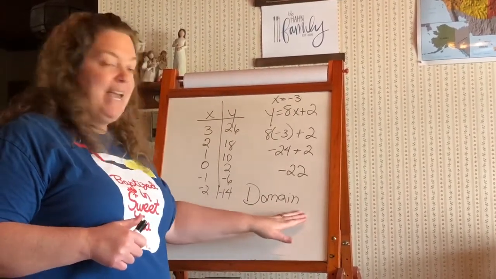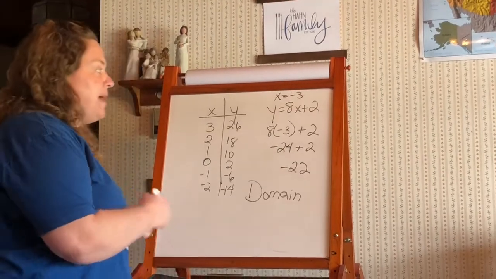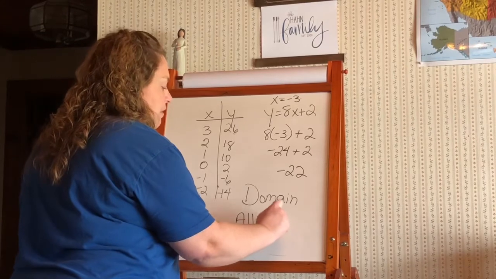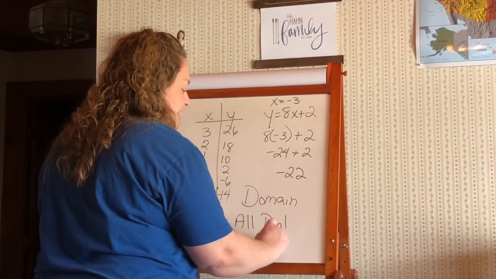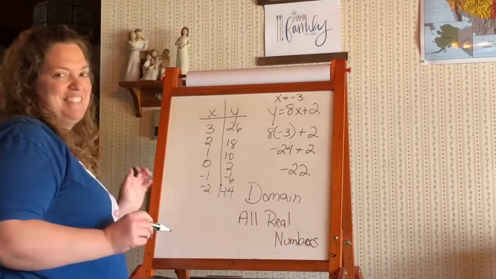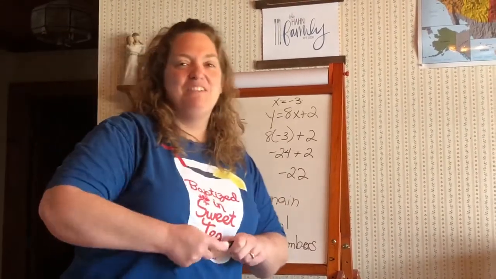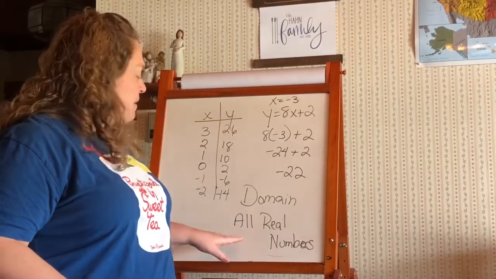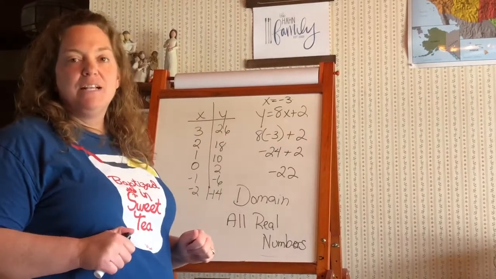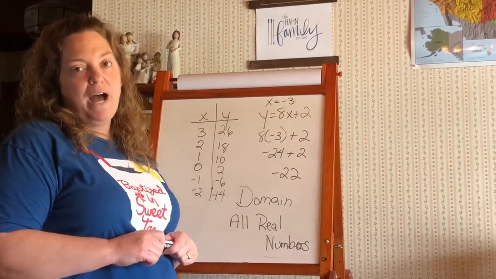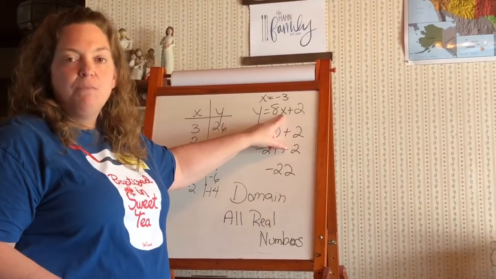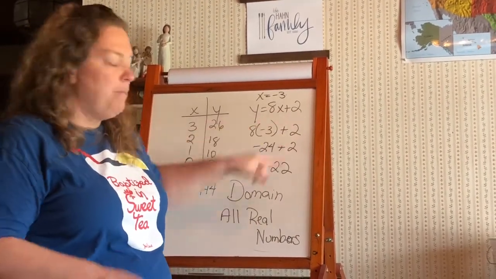So the domain for our independent variable is negative infinity to infinity, or all real numbers. Or Simeon said, negative infinity to positive infinity. But yes, we call this all real numbers. You can put in any number for x and solve to get an answer for y.